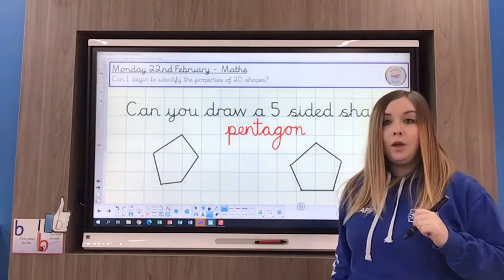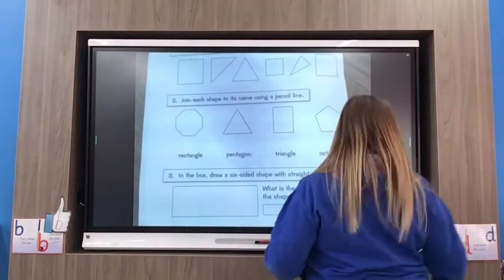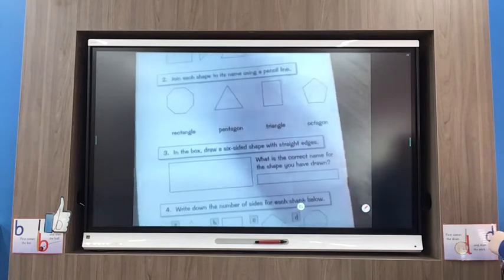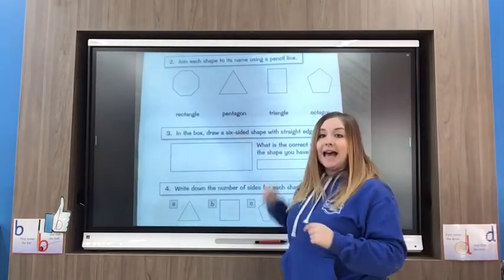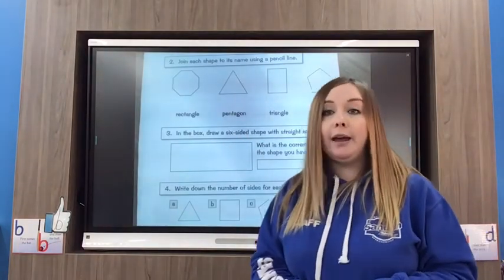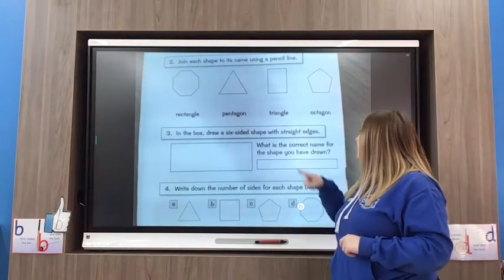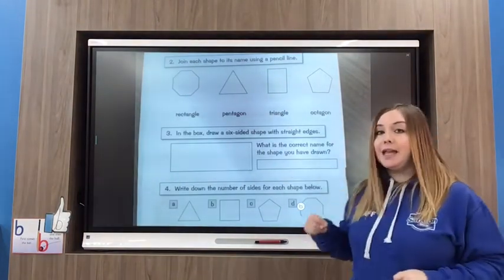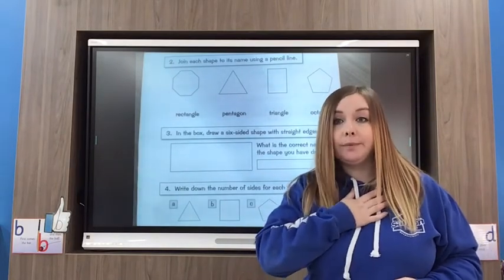Okay, so your turn now then, year 4, but you've not been asked to draw a 5-sided shape. You've been asked to draw a 6-sided shape. So find your ruler and draw your best 6-sided shape and then write the shape's name in this box, just like I wrote pentagon.